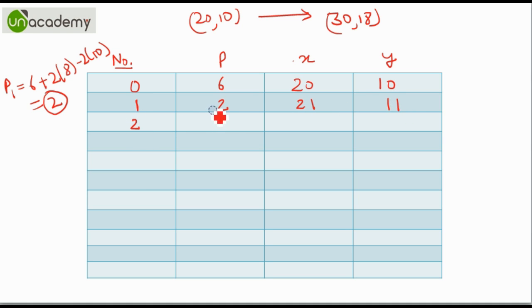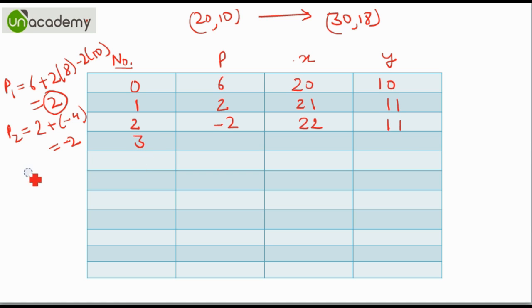In the second iteration we will calculate the p value again. So p2 will be 2 plus minus 4, that is minus 2. P value is negative, so we'll increment the x but the y value will remain the same.